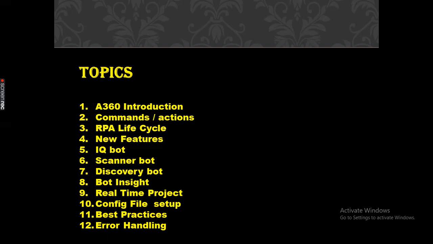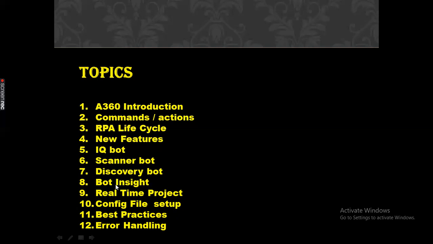And also we are going to learn new features in Automation Anywhere A360 like IQ bot, scanner bot, discovery bot, bot insight with the help of a real-time example. Also we are going to implement one end-to-end real-time process, including error handling, logging mechanism, real-time scenarios, best practices, how to solve critical issues. Each and every concept we are going to cover in the real-time project.